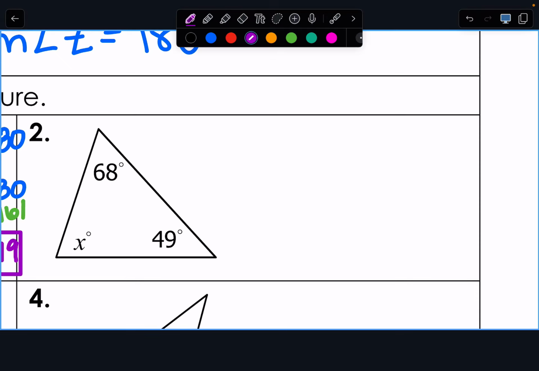Okay, so let's go to number 2 and let's talk about the setup that I would want to see. Okay, so Sophia, what would I want to see right here as your setup? Equals what?